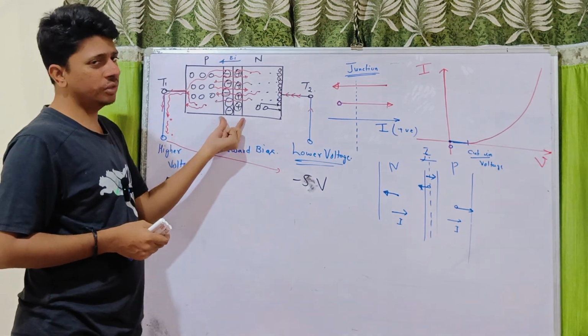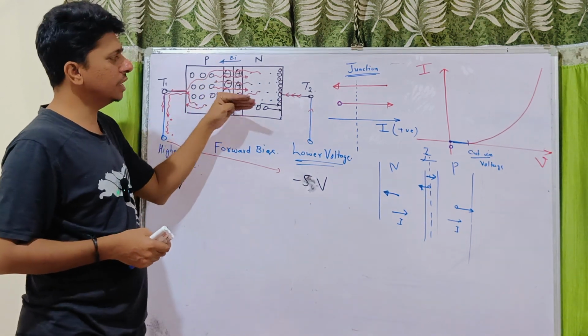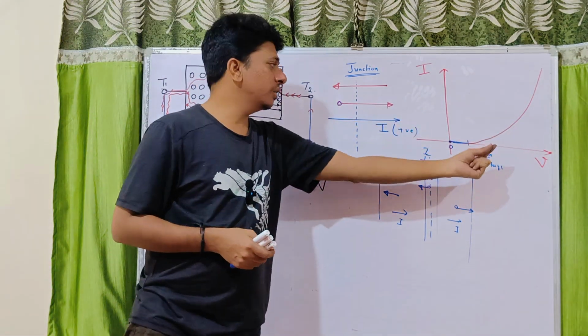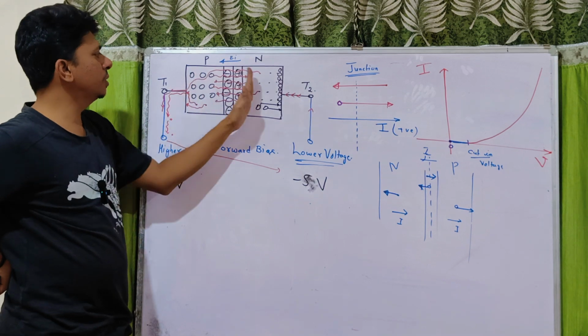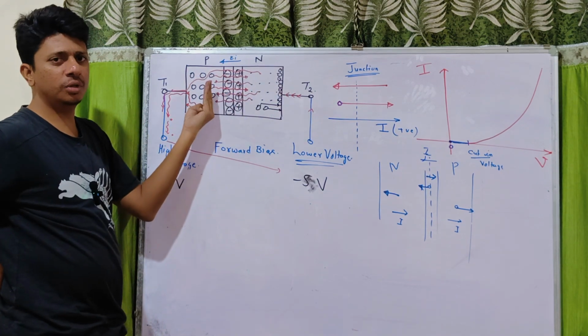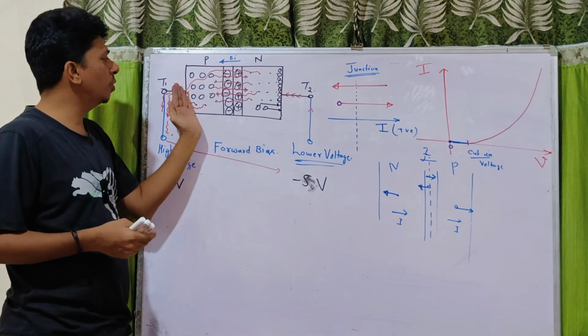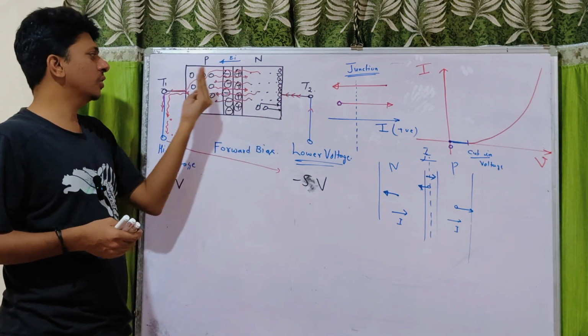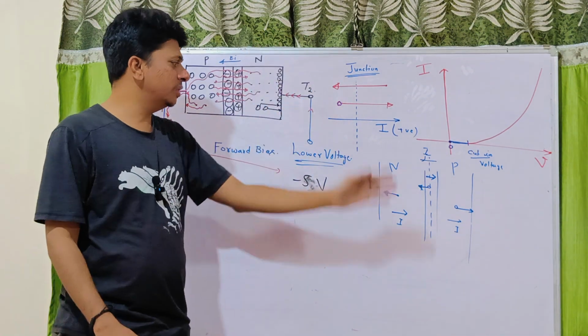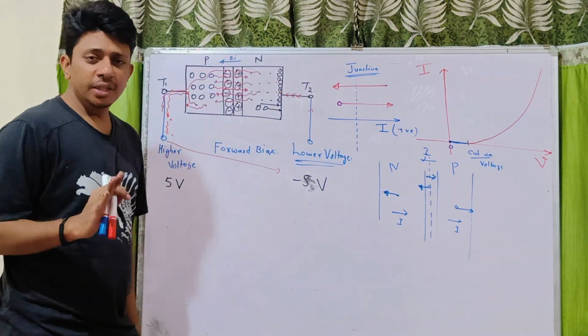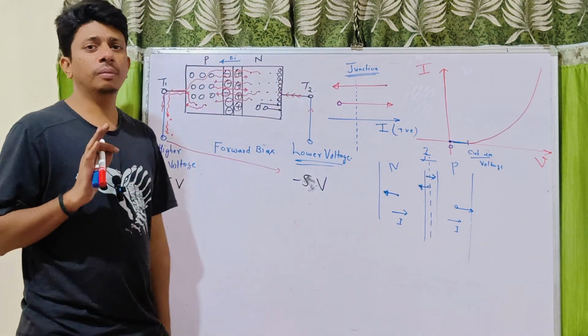As soon as it crosses the built-in potential, the current will start flowing, and slowly it will increase, because if you apply less voltage, fewer holes will cross and fewer electrons will come, and if you increase the voltage, more holes will go to this side and more electrons will go there, and so on. This current goes on increasing, and this is the working of the PN junction under forward bias.